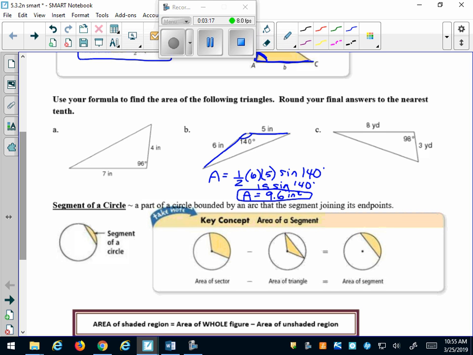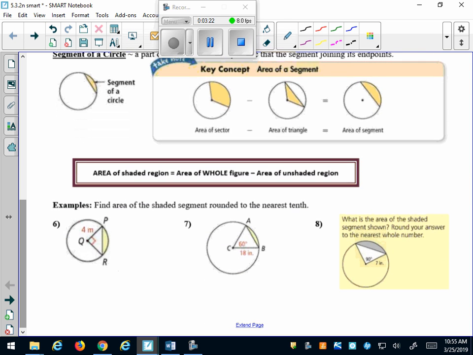Okay, pretty straightforward, right? So why is that better in the area of a segment situation? Well, that's better because when we have to find the area of this triangle, we're always going to know the degree measure of that angle because we need it to figure out the area of the sector anyway.